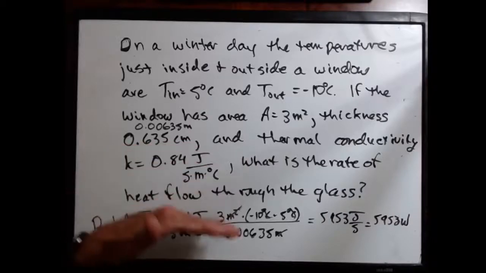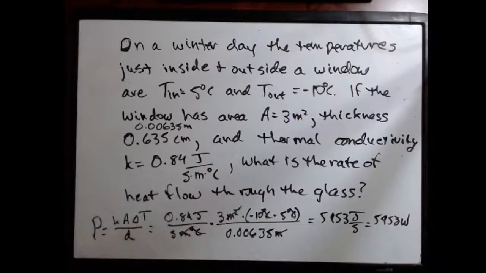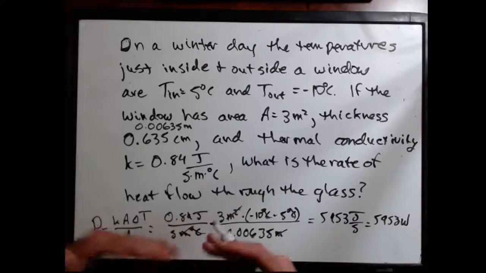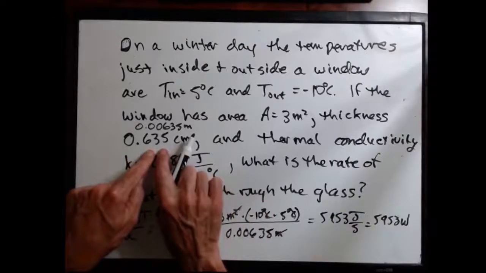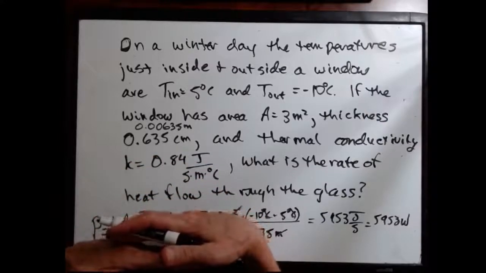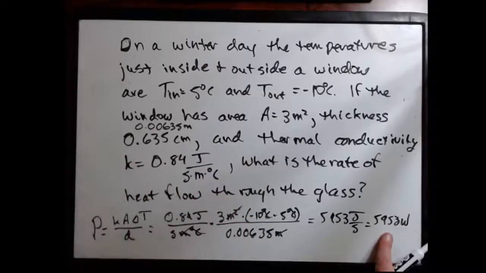And so usually in areas where you have windows, for example, rather than just having a single piece of glass that the heat flows through, you have a double pane glass with an air gap, and that cuts this number way down. Okay, let's do another one.